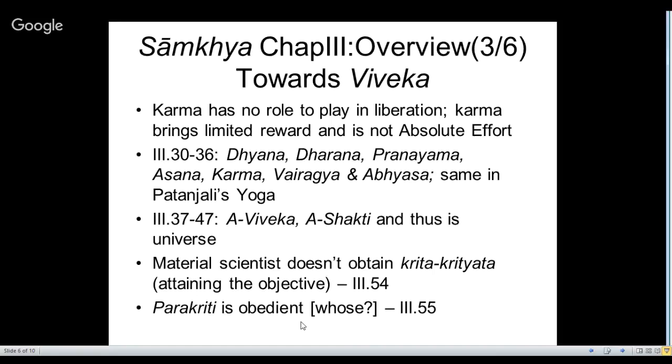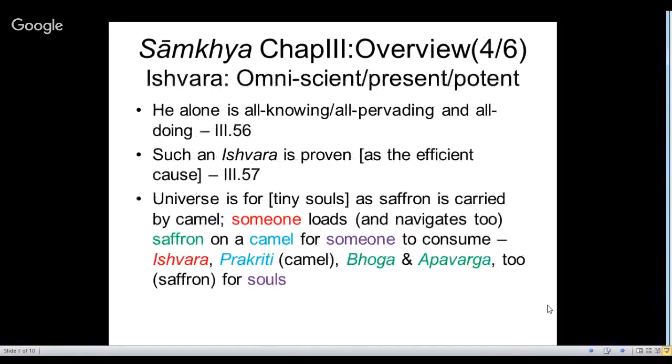So Prakriti is obedient to somebody else. Why does Prakriti do all this? Myriads, infinite objects. Now there is a section which is very important because, for some reasons I don't know, Kapil has been considered an atheist. So the next section is very forcefully talking about Ishwar.